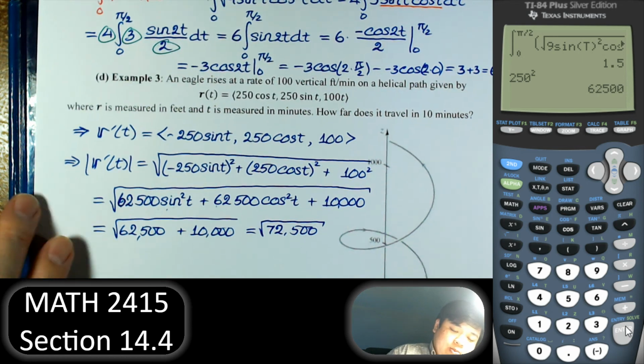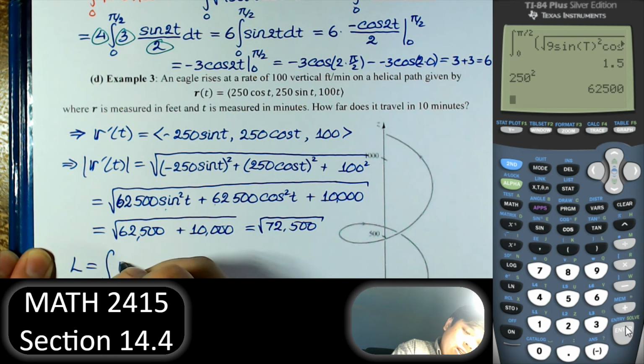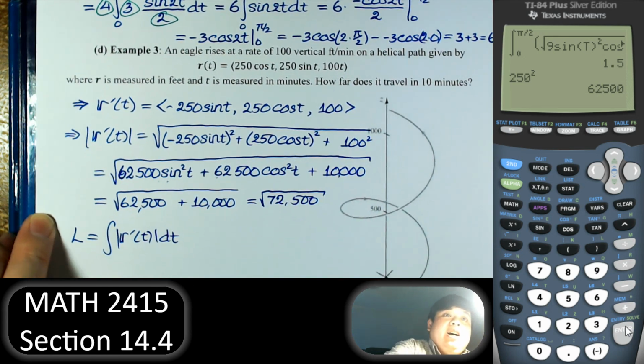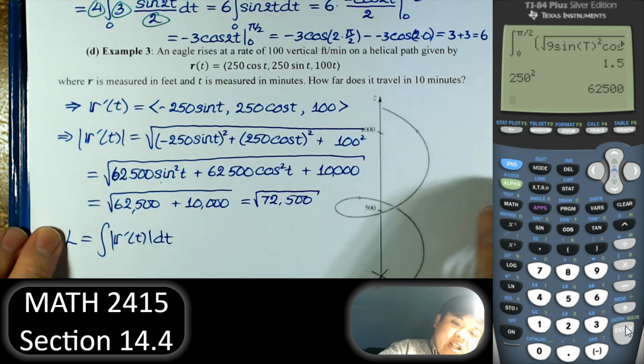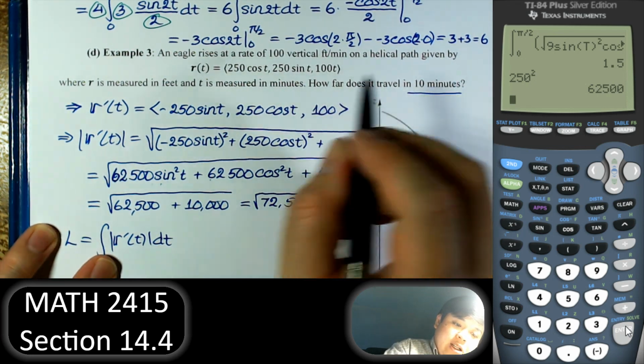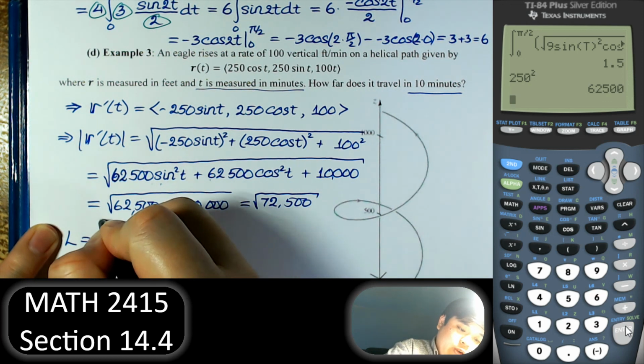And then we'll just integrate the length. In this case, we can say this is the speed. For travel of 10 minutes, t is measured in minutes, so t will go from 0 to 10.